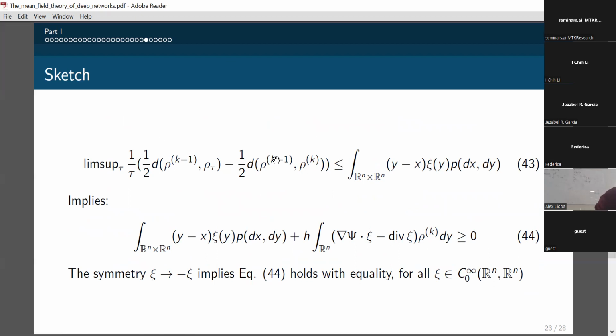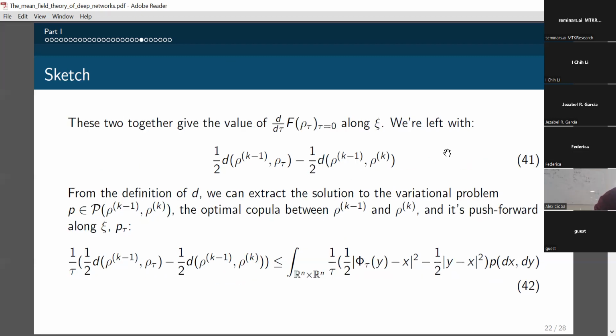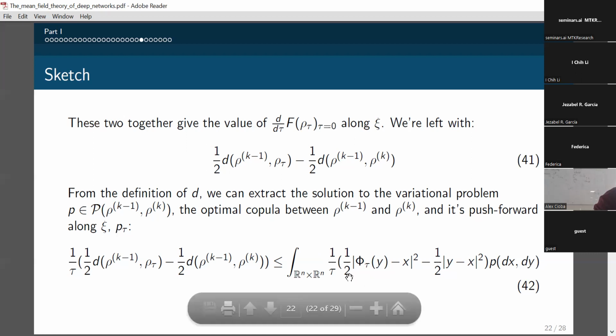But regardless, you get the fact that whatever this limit is, it's smaller than the right-hand side here, which is y minus x times the vector field psi evaluated at y. This is just something that you get by taking the limit tau in psi here.